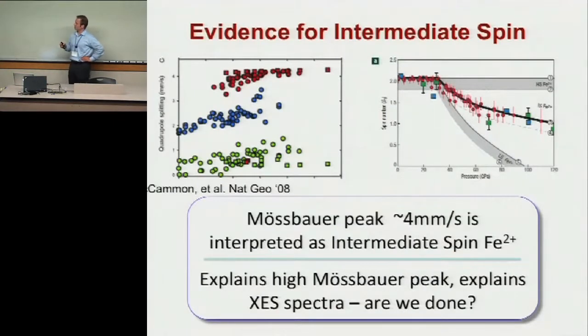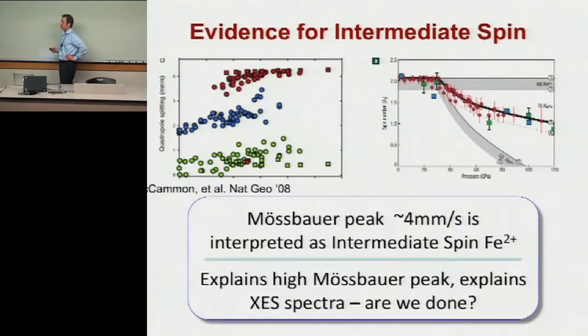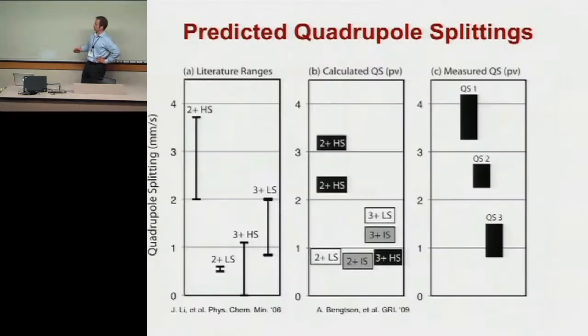We've then done some work trying to understand the reports of intermediate spin. This has been primarily in the perovskite, although a little bit in the post-perovskite system. Here, we made use of ideas of simulating Mossbauer spectra, because the very high Mossbauer splitting that was measured experimentally was often associated with an intermediate spin state. What I'm showing here are quadrupole splittings typically found in systems.